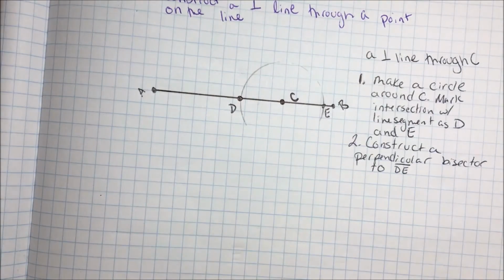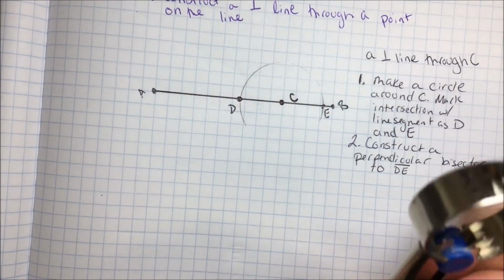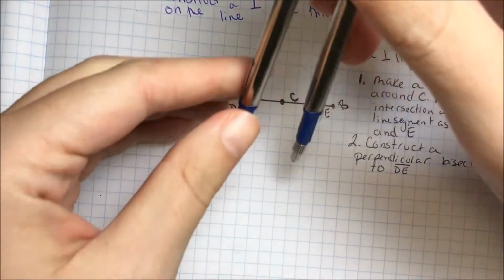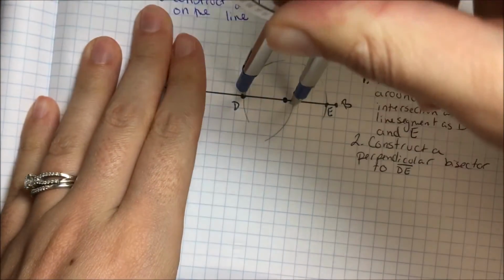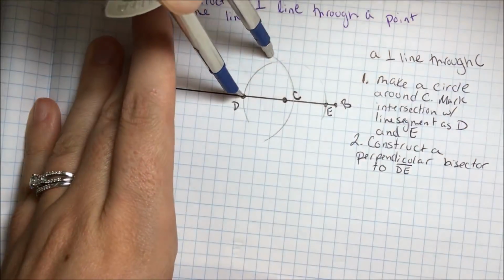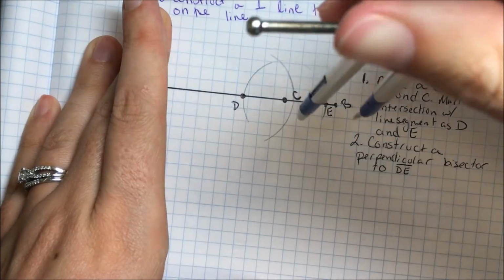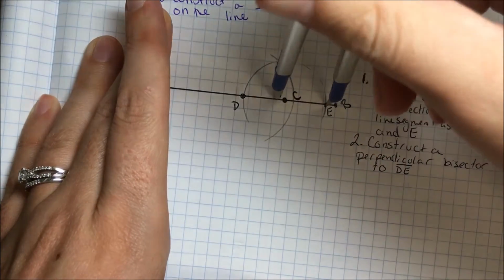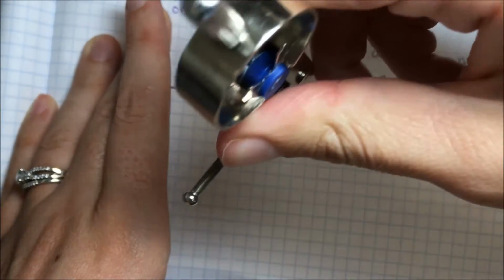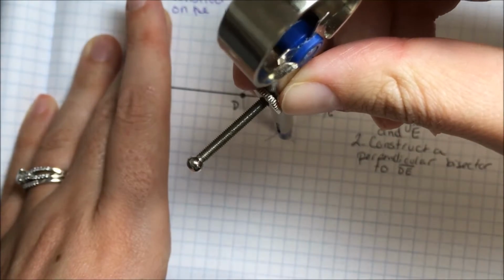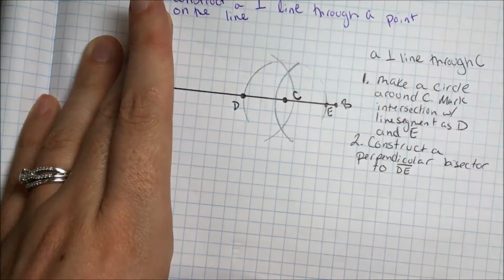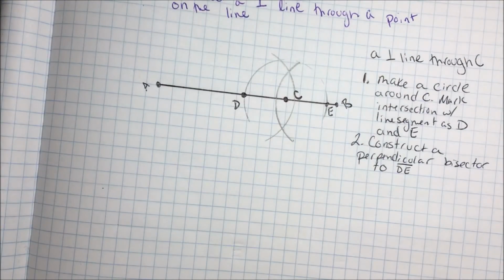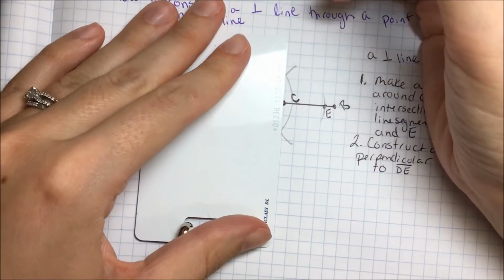So I'm going to follow the same steps that I did before for a perpendicular bisector. I'm just going to do it for DE. So I'm going to open my compass to more than half of the line segment. I'll make 2 arcs centered at D and E with the same radius. And then I'll use my straight edge to make that perpendicular line.